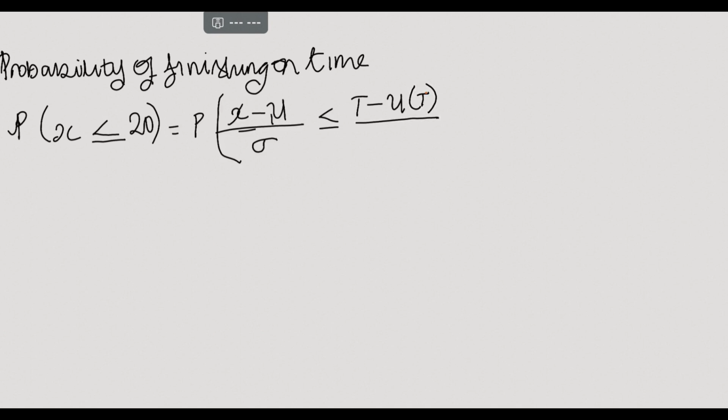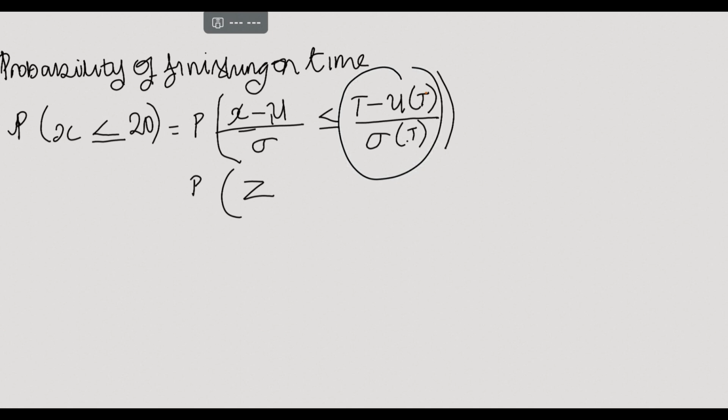The entire thing can be written as Z. When we're solving the question, we are going to use the z table to get the probability value. T in the question is the amount that they gave you to find. The probability of finishing on time in this question is 20 weeks, because that's the project duration. So your T is always what they're asking you to find.